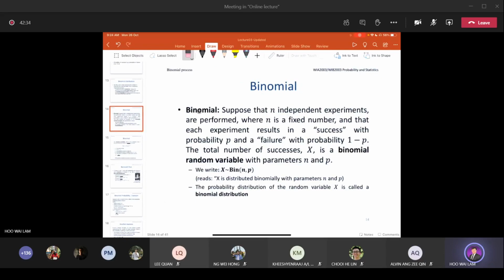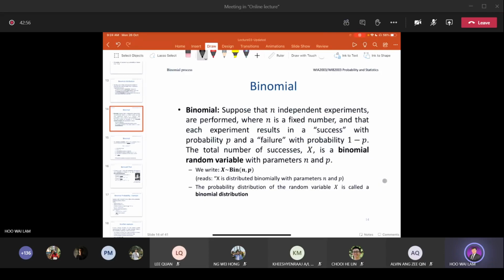This slide tells you in a much more formal manner the definition. Suppose there are n independent experiments, where n is a fixed number, and each experiment results in a success with probability P and failure with probability 1 minus P, or Q, if you still remember.